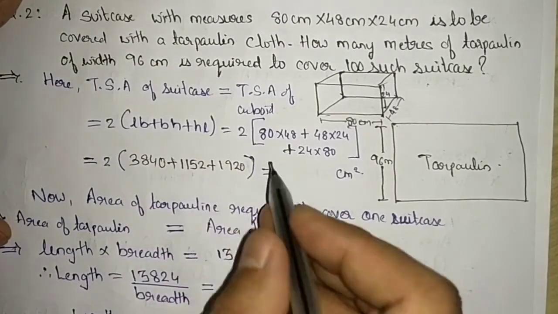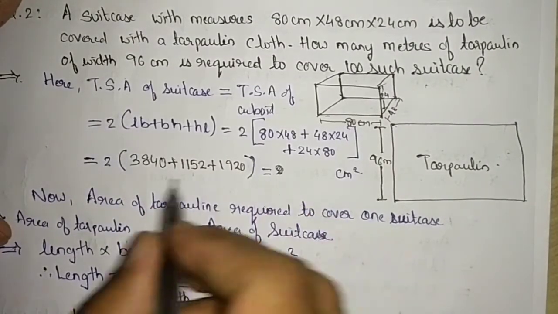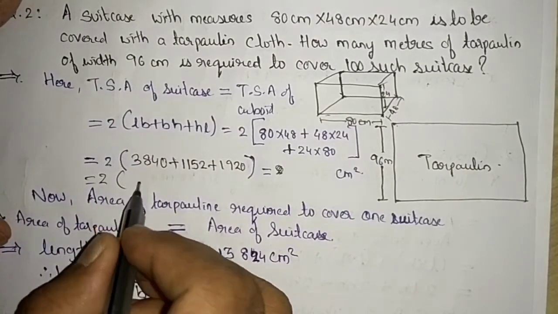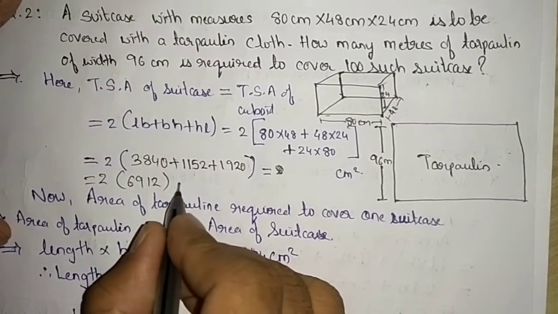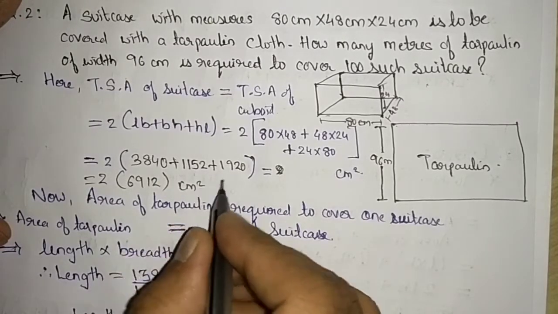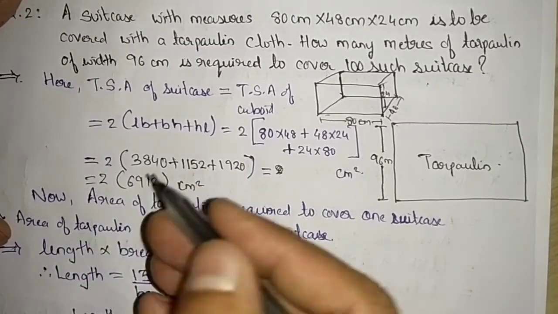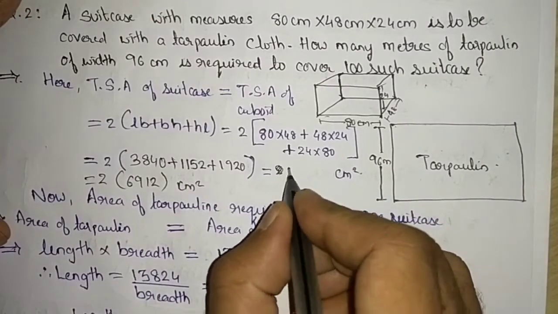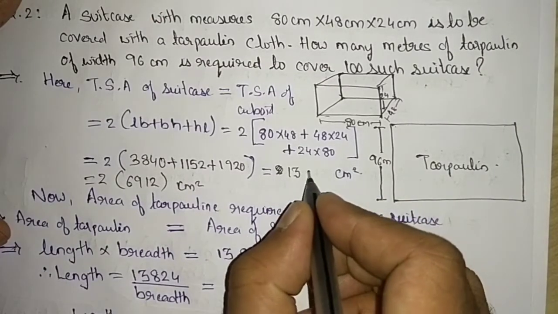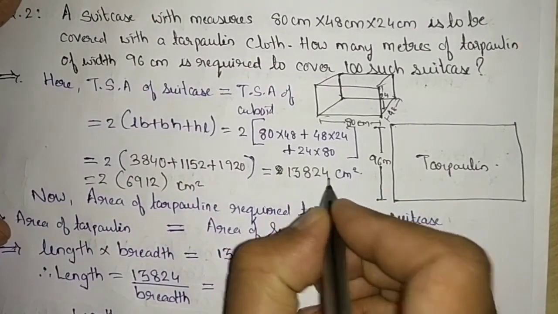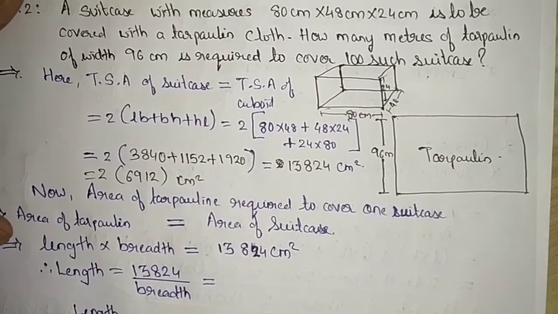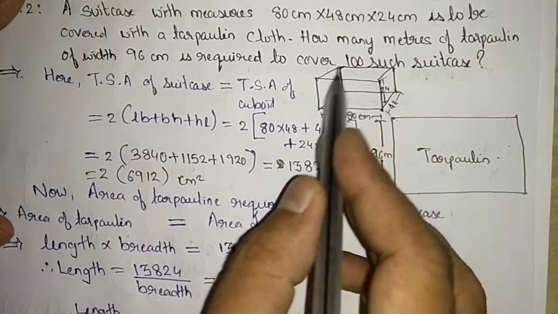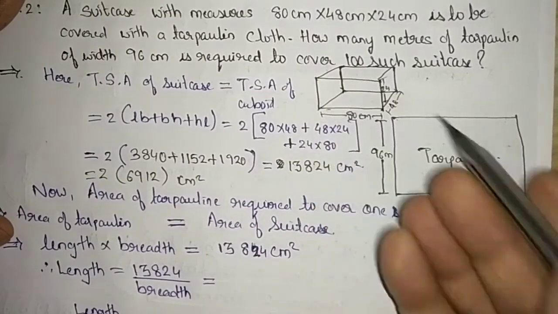When I add them, I will get 2 into bracket 6912 centimeter square. When I multiply it by 2, I will get 13,824 centimeter square. This is the total surface area of the suitcase, which is in the form of a cuboid.